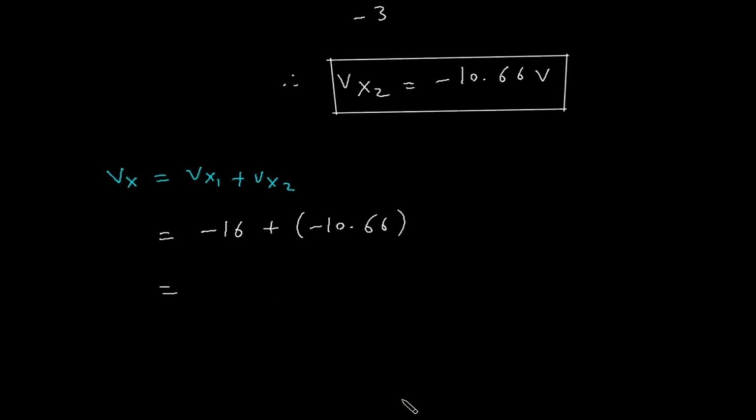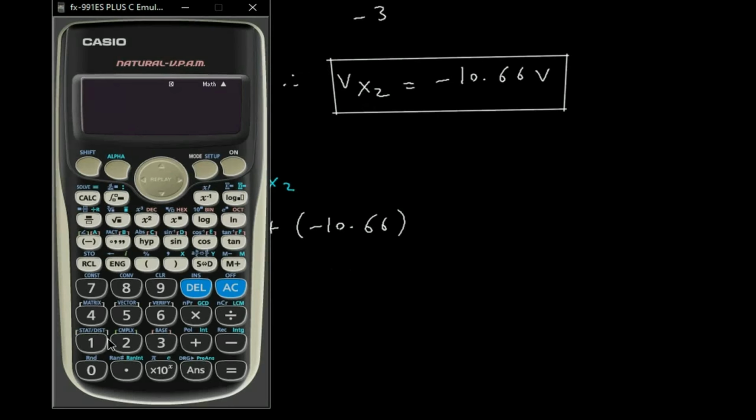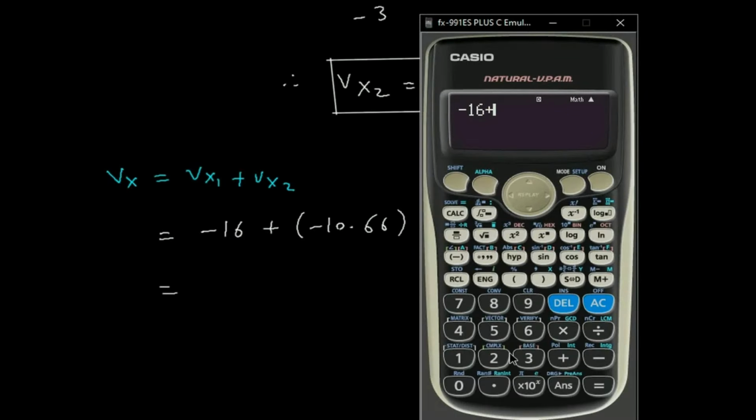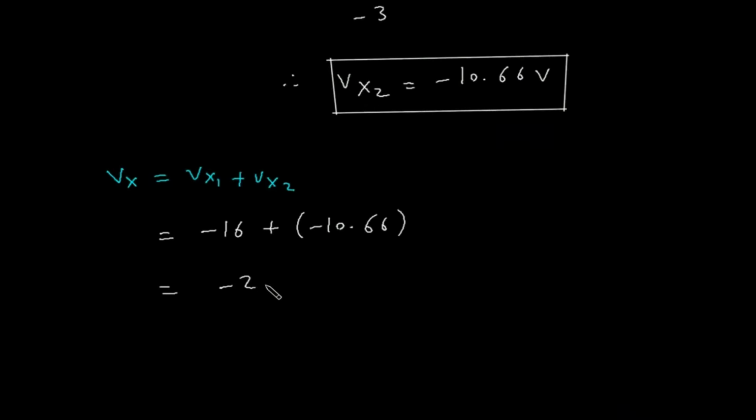So minus 16 minus 10.66, so minus 26.66 volt. This is the value of Vx.